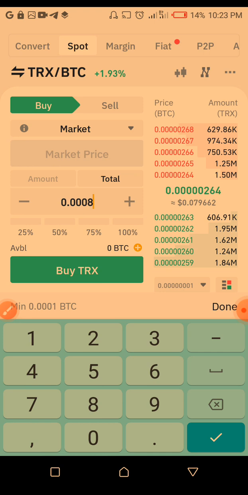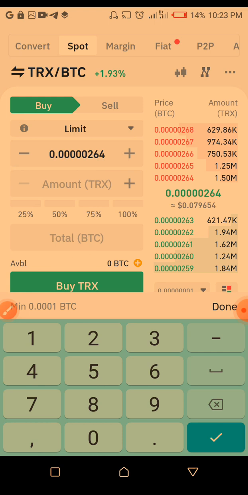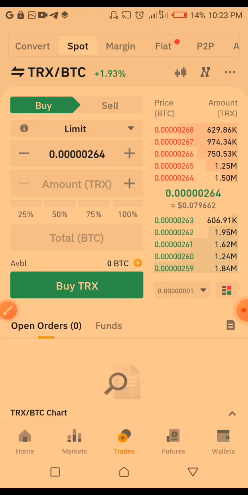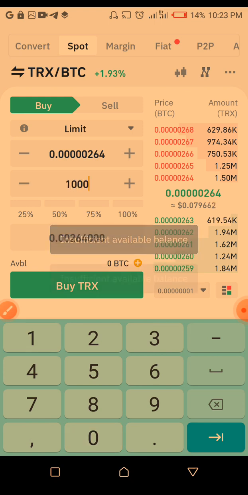But once you change to limit, it simply means you have a choice to say, I want to buy at this particular price. So we want to buy 1000 TRS. You can change the price.